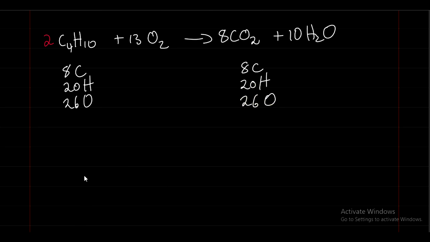So our equation is balanced without having the hassle of balancing carbon first, hydrogen second, and oxygen last. So we can balance these equations using a formula. Note this, guys, this formula only applies to alkanes. Don't use it for alkenes.